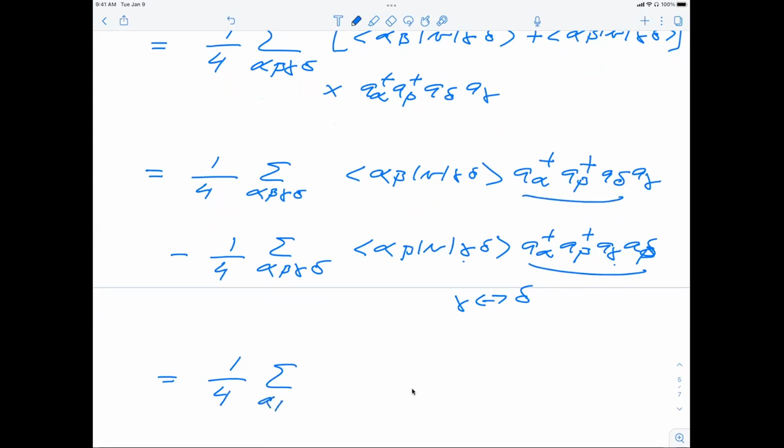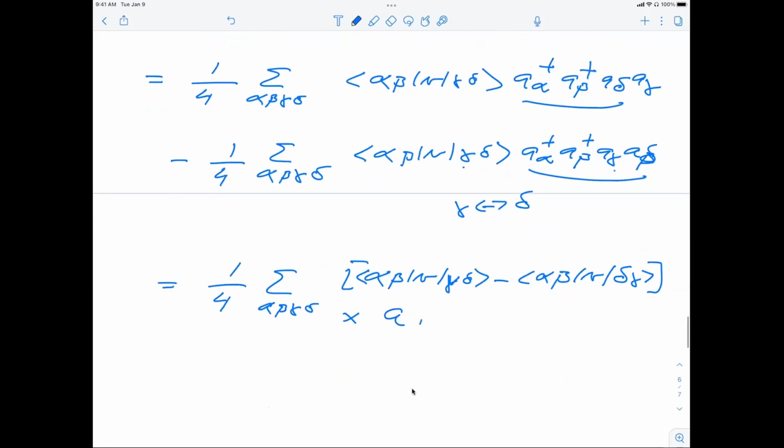So I have a sum over alpha, beta, gamma, delta. But then I have a matrix element which is different. So <alpha beta|v|gamma delta> minus <alpha beta|v|delta gamma>. And this is multiplied with a alpha dagger, a beta dagger, a delta, a gamma.